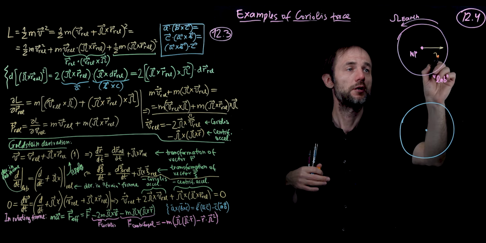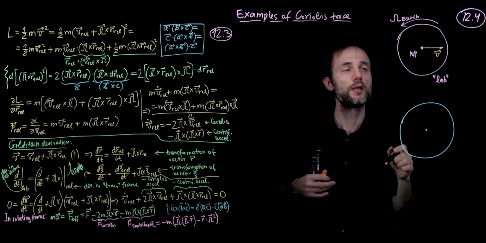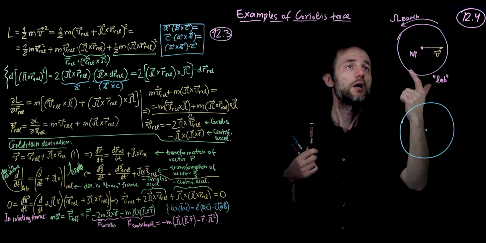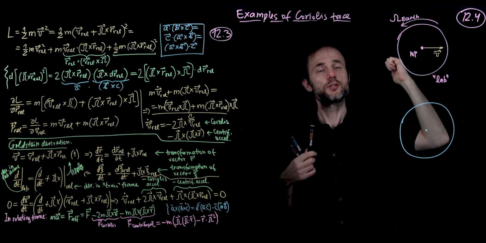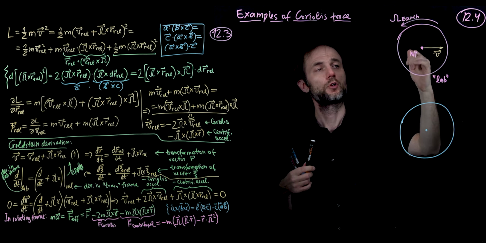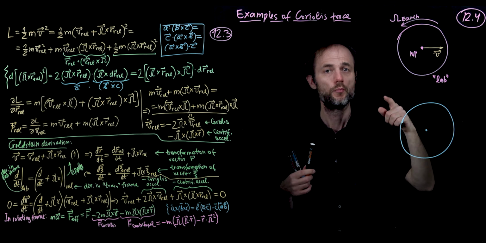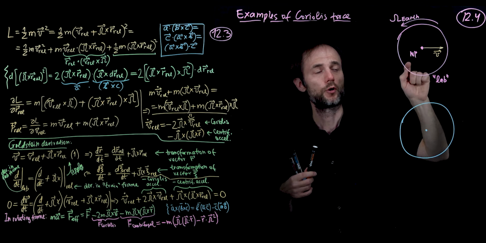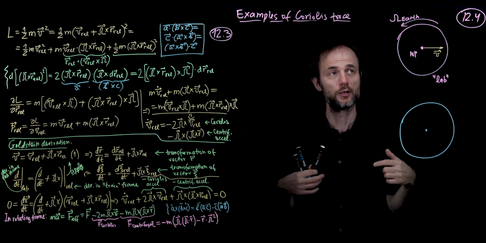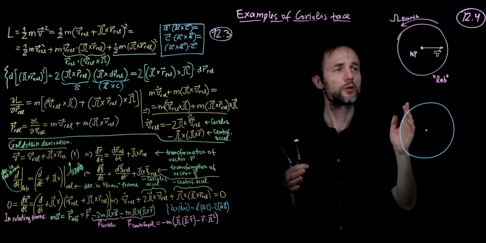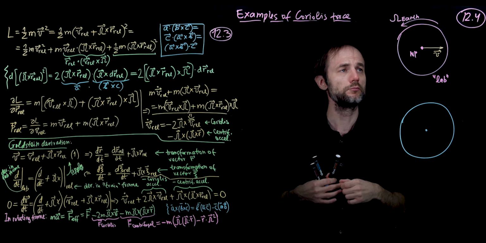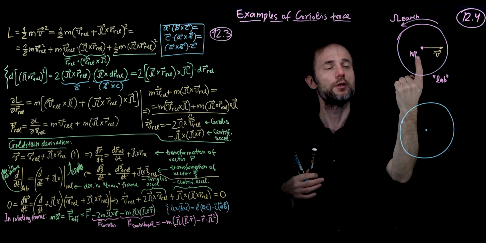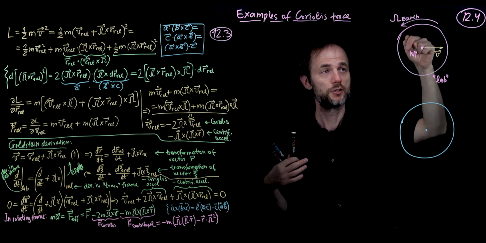So v is going that way. Omega is going to be pointing at us, right? Counterclockwise means it's at us. So omega cross v is going to be into the board, but minus omega cross v, so omega sticking out, cross v is going to point up, but acceleration is minus that.